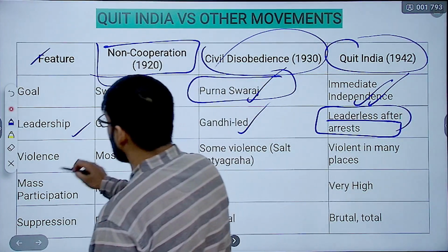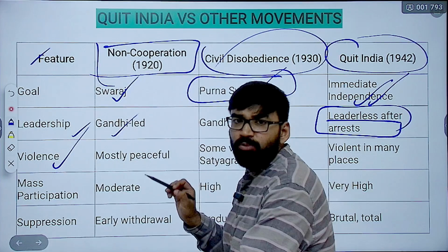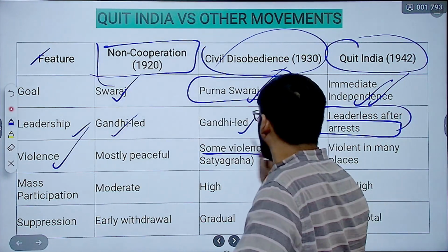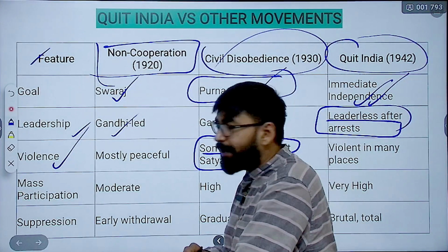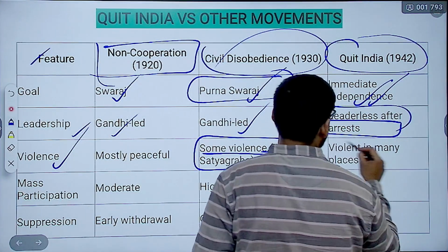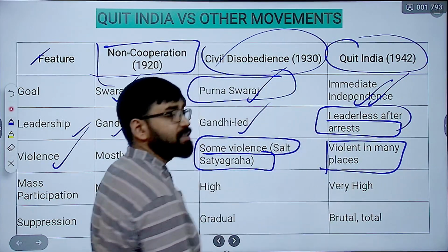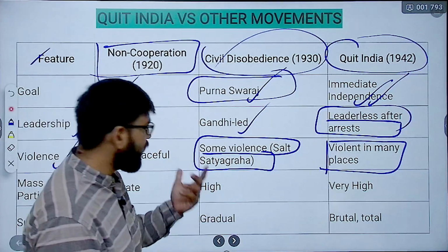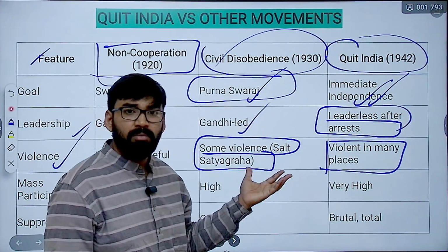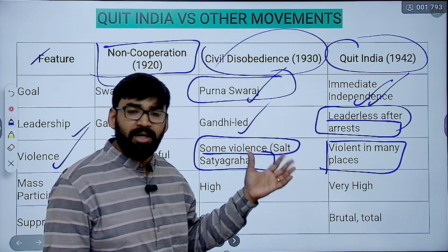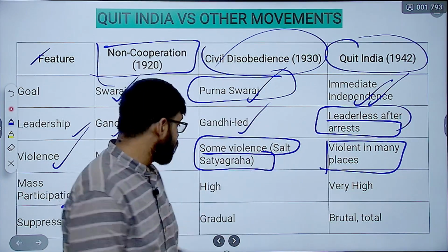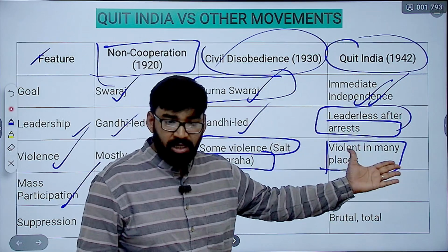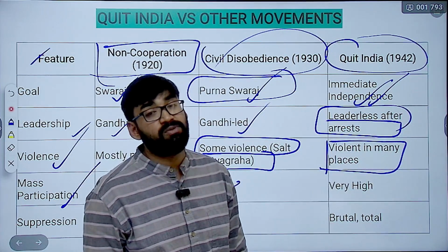Then violence: the Non-Cooperation Movement was mostly peaceful. The Civil Disobedience Movement had some violence, like the Salt Satyagraha. But the Quit India Movement was violent in many places. Then mass participation: Non-Cooperation, moderate. In CDM, the participation of the masses was high, and in Quit India the masses participated the most, it was very high.